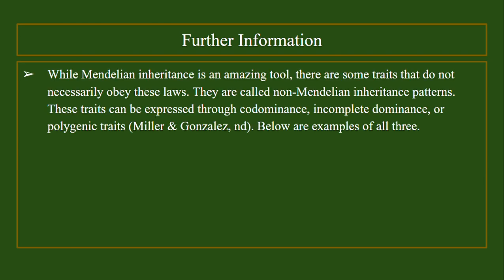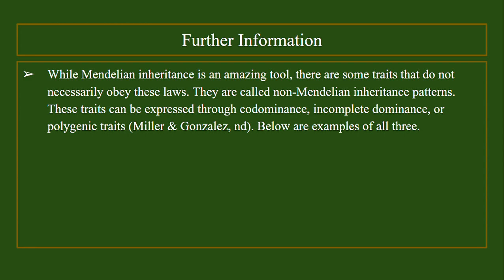If we wanted to do a little bit of further information into inheritance, because I think it's super fun, Mendelian inheritance patterns are an amazing tool. But there are some traits that do not necessarily obey these laws. We call these non-Mendelian inheritance patterns.